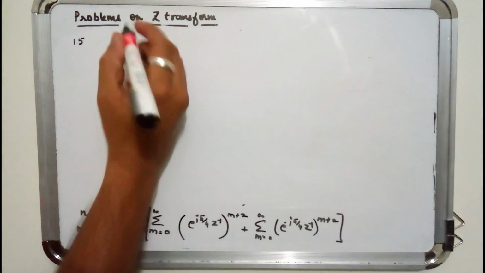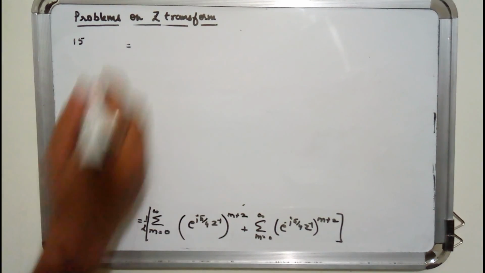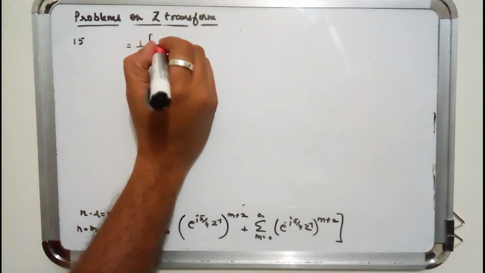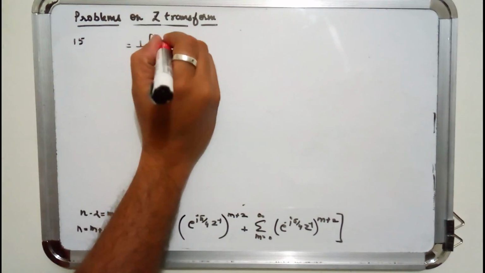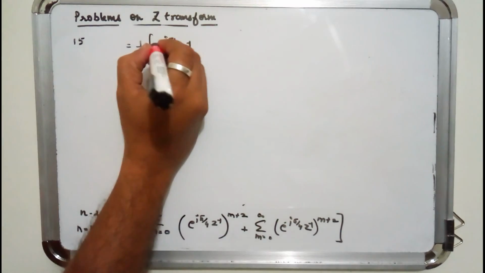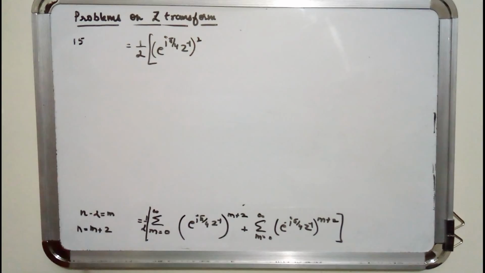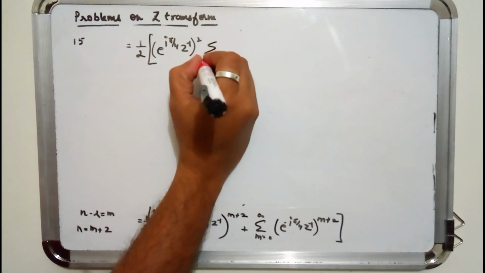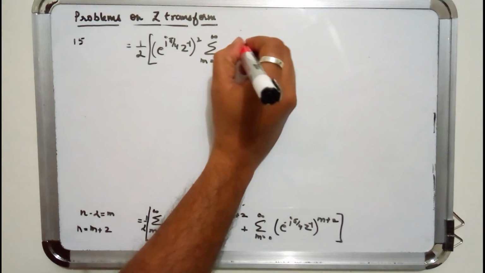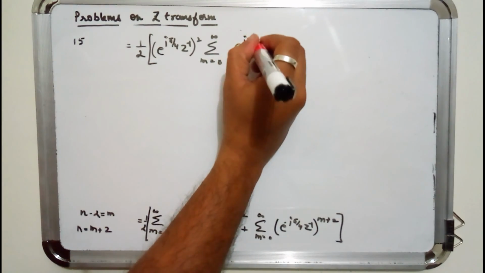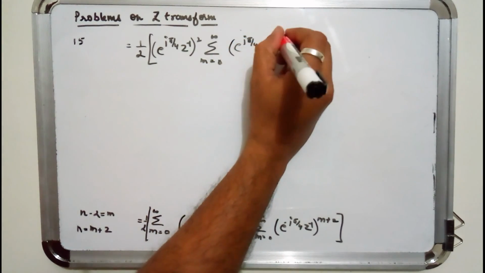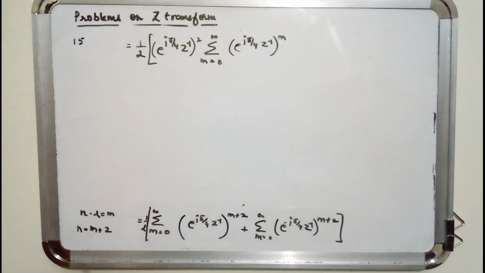Here also it is a constant, so 1 by 2 is anyway out, so I'll be taking e power j pi by 4 z inverse square as a constant. So I'll be getting summation m is equal to 0 to infinity e power j pi by 4 z inverse power m, right?